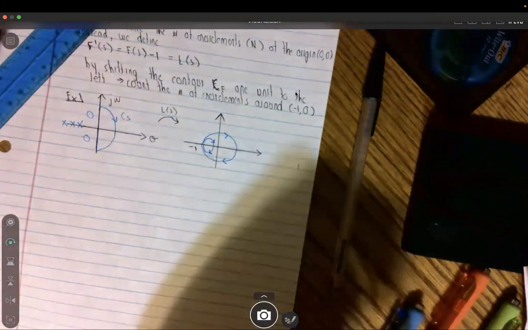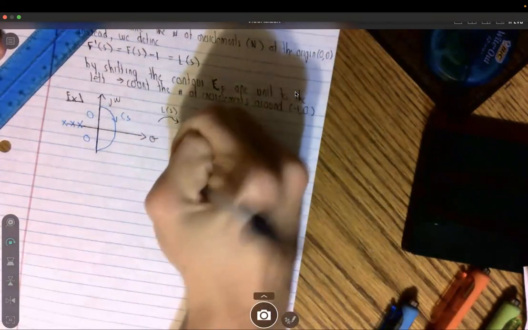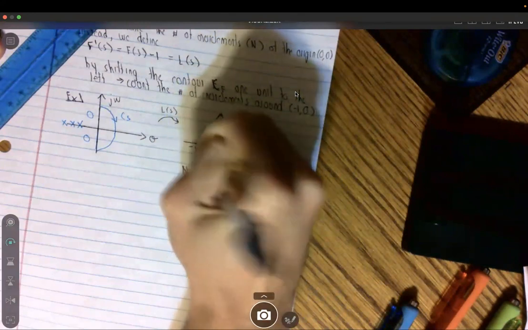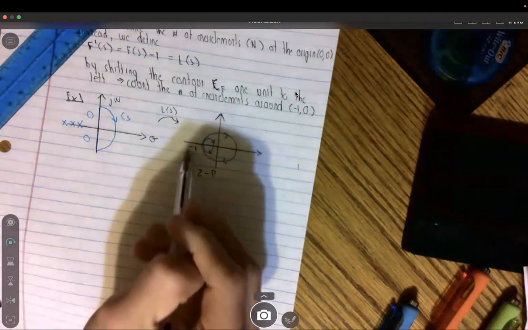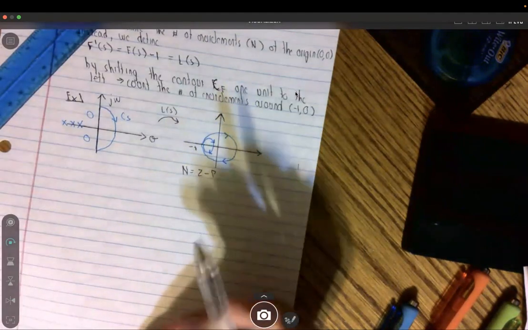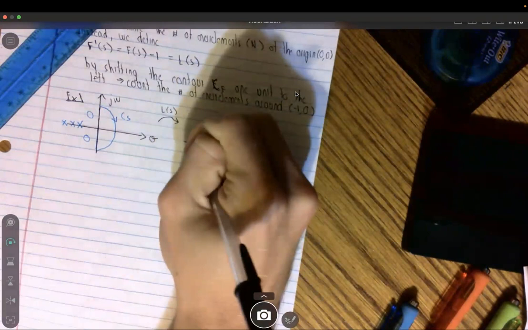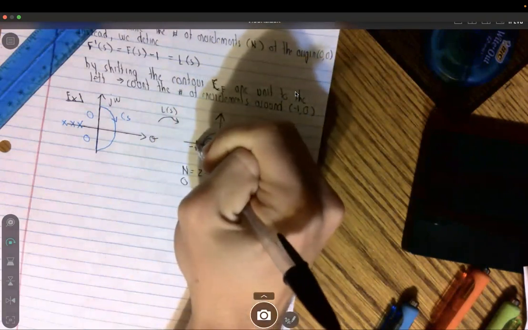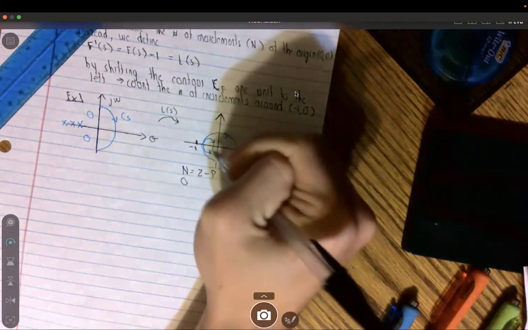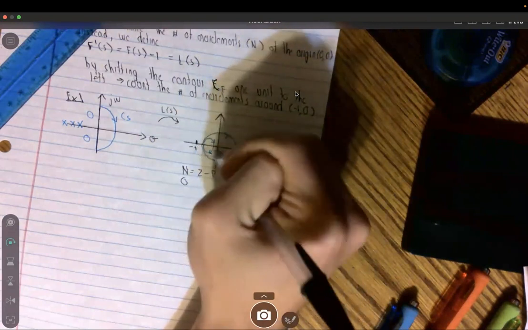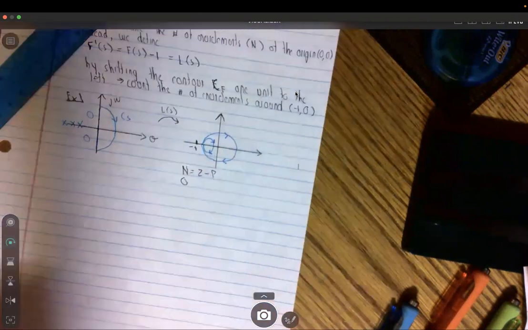And so N equals Z minus P. If we're looking at how many encirclements we have about -1, it's 0. Nothing's going around -1 here. There's a circle around the origin, there's a circle between -1 and 0, but nothing around -1.